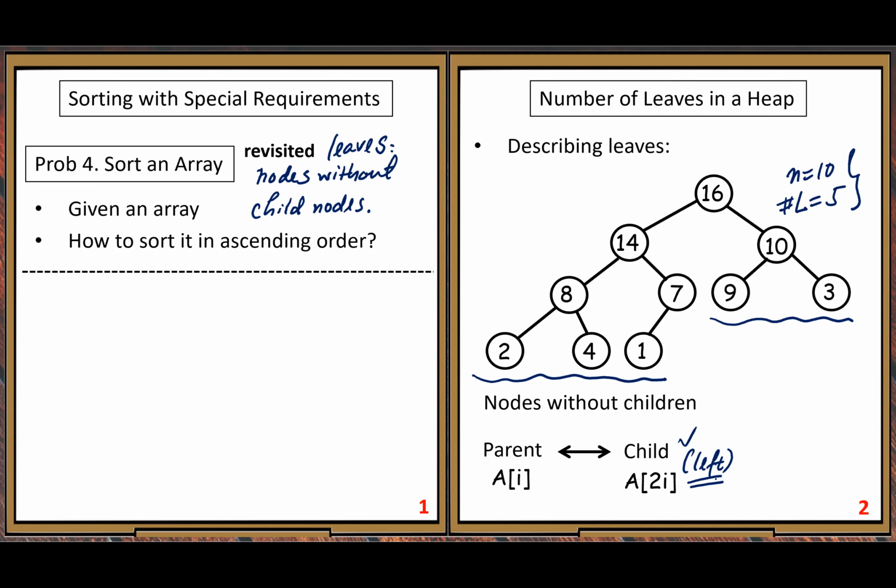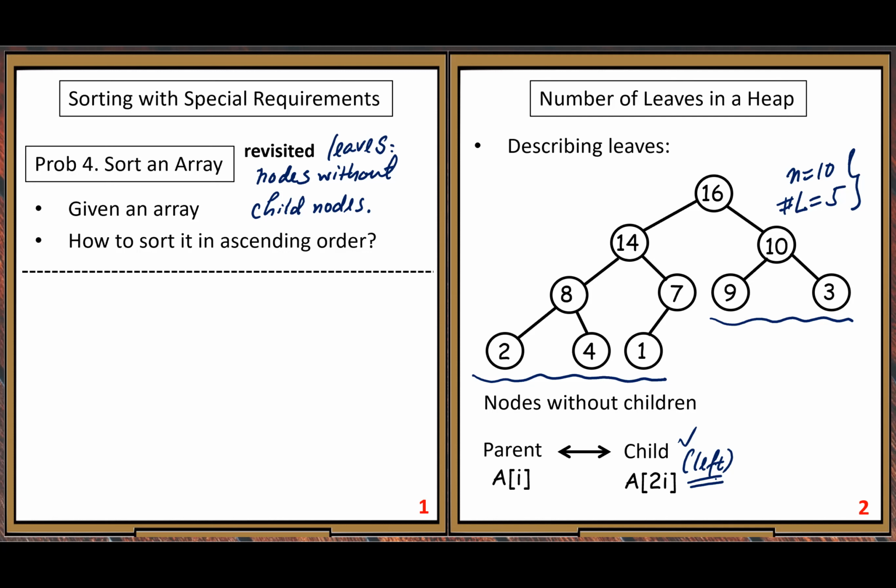Because the right child node may not be available. We may have the situation where this parent node has a left child node, but no right child node. That's possible, right? Think about that. So it's better we use the left child node, not the right child node.